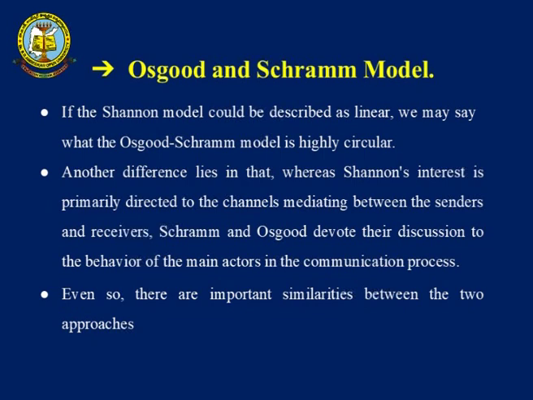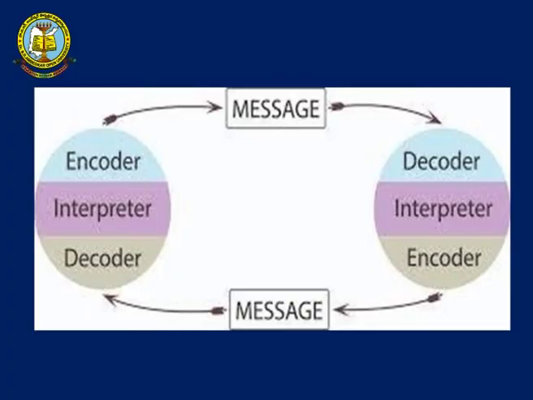Even so, there are important similarities between the two approaches. So here if you see the model, the graphic or the illustration in general, you see the encoder who's sending the message to the decoder.